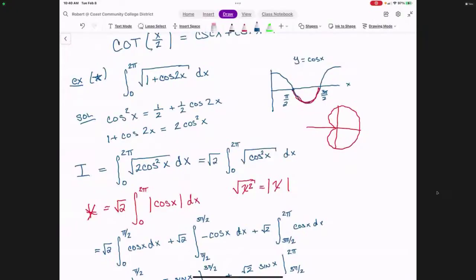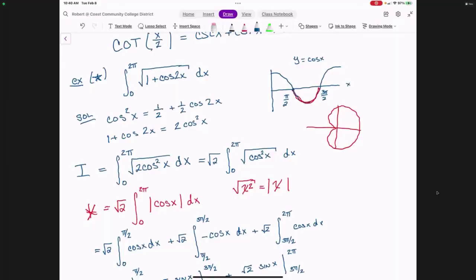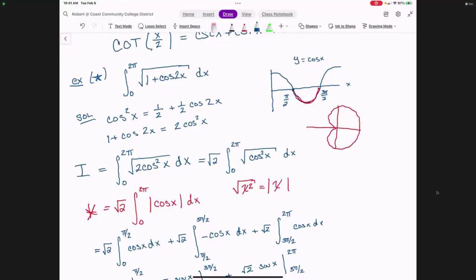So 1 plus cosine 2x becomes that, and then I solve for cosine. Right. Okay. Thank you. Professor, are you saying that we can expect this problem on the test? I'm saying I might put it on the test.